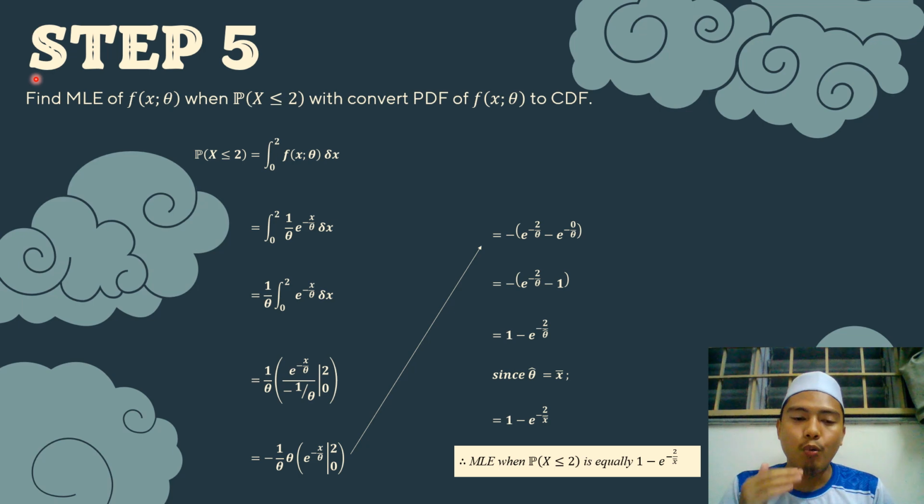We write probability of x at most 2 equal to the integration from 0 until 2 of the function dx, which is 1 over theta times exponent power of negative x over theta.